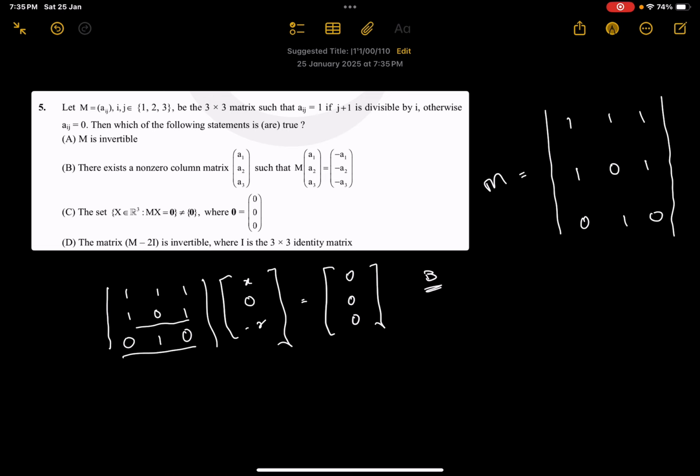So let's write like this. Now for any real value of x, we'll have this into this is 0. So for all values of x, this form of vector multiplied by this matrix will be a 0 column vector. So C is also correct.